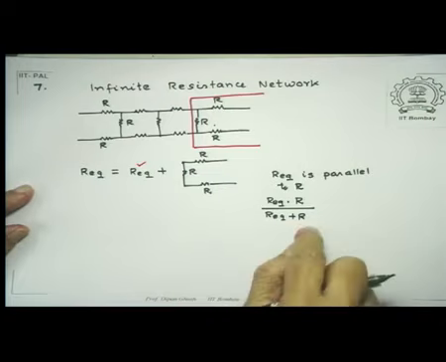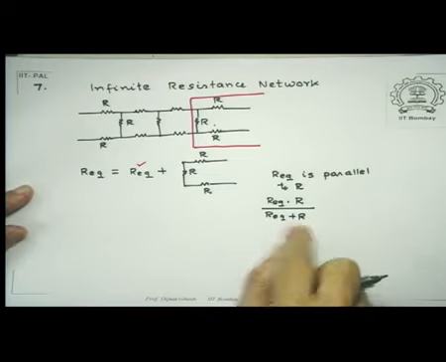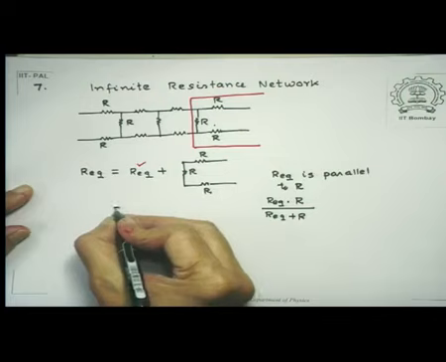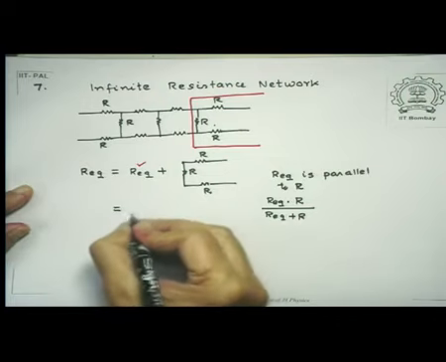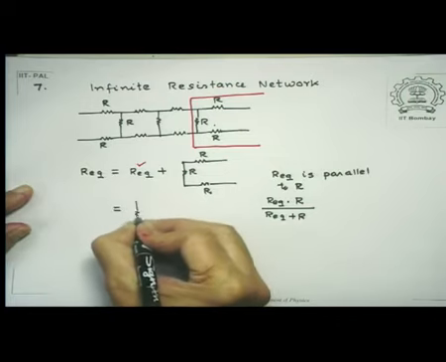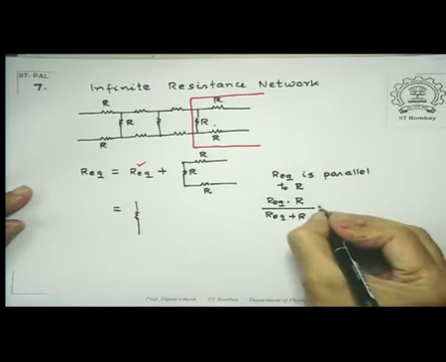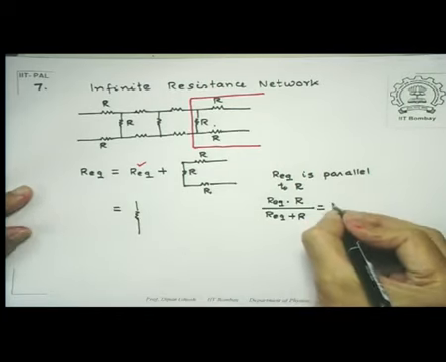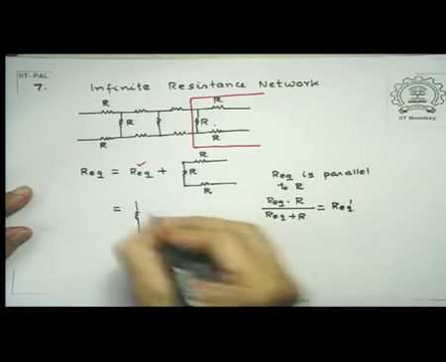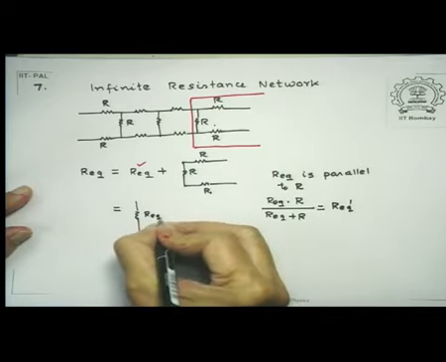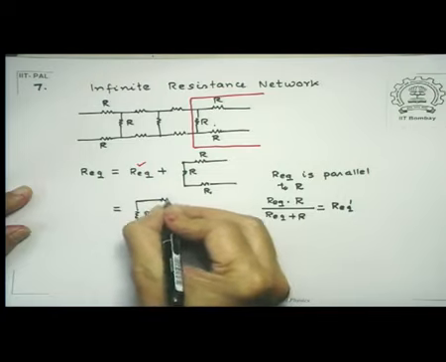So I will draw this again. We are saying now that I have a resistance here, which is this quantity, let's call it Req prime, and of course these two R's.